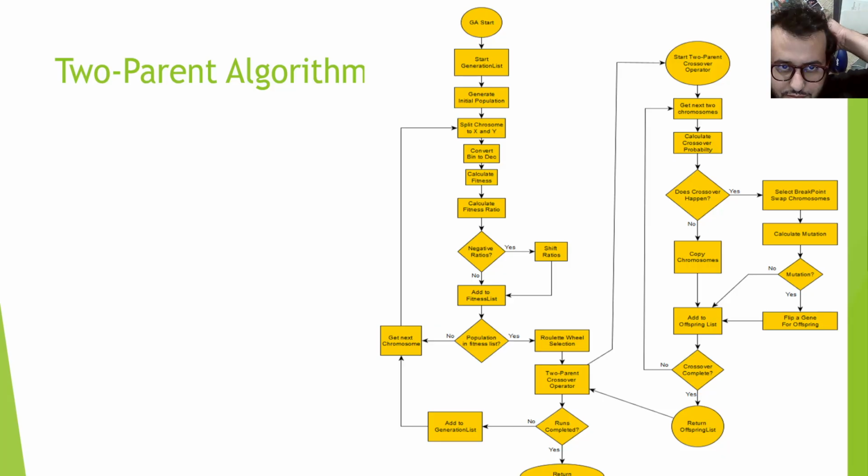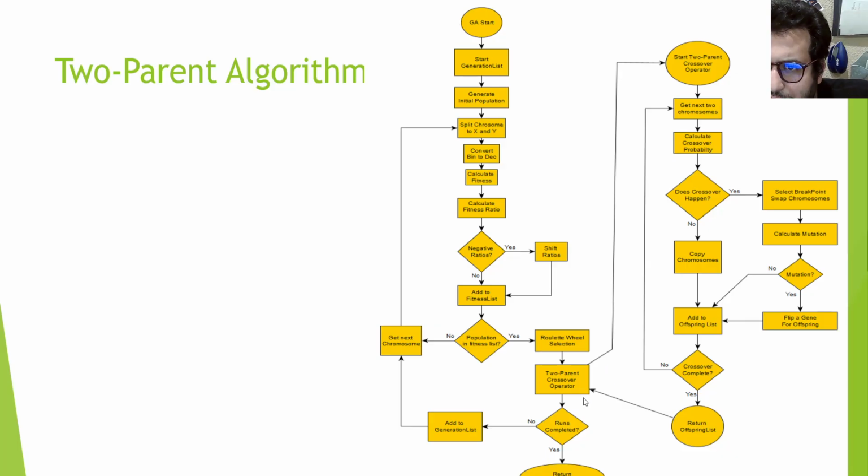Okay. And so I made this flowchart to show the two-parent algorithm, and basically there's very little difference between this and the PWR algorithm, and the difference happens here at the two-parent crossover.